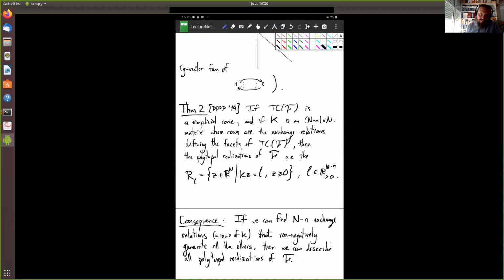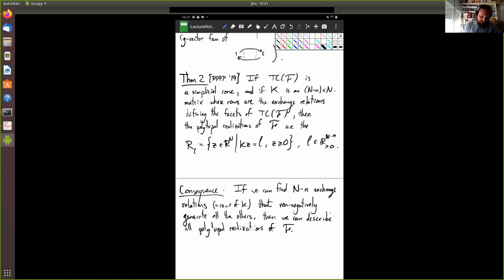And if we can do this for all finite type cluster algebras for any initial seed, then we've answered the question that the physicists asked and could find the answer to in linearly oriented type A_n. So recall that this just means that the type cone is simplicial.